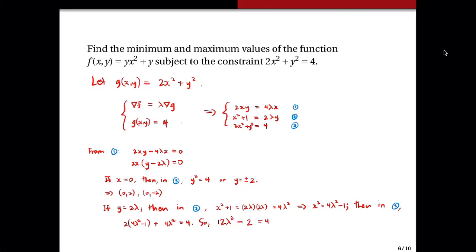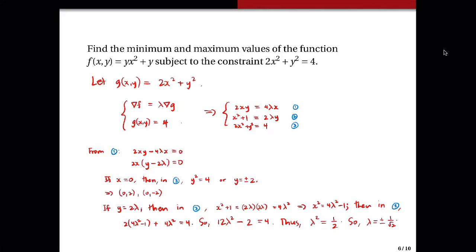Thus, lambda squared is equal to 1/2. So lambda equals plus or minus 1 over square root of 2.